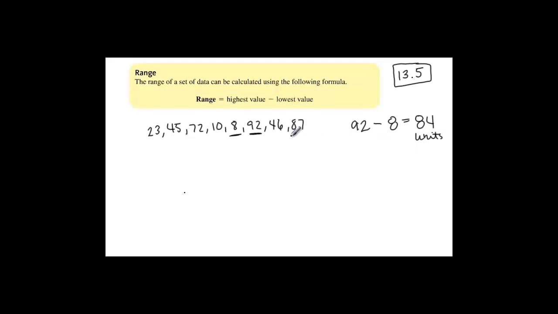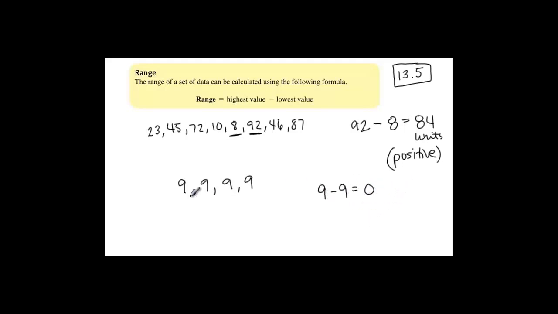Now, when we have a range, because we're subtracting the lowest value from the highest value, our range is always either going to be positive, or it's possible, if we have a set including the following pieces of data: 9, 9, 9, and 9, that I would take the highest value and subtract the lowest and end up with a range of 0.